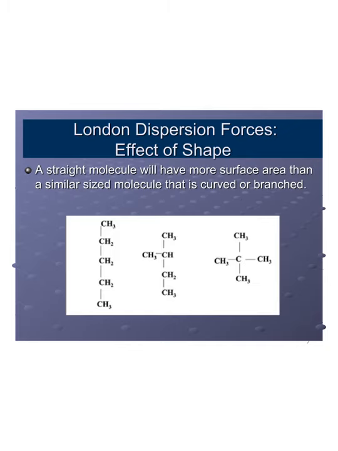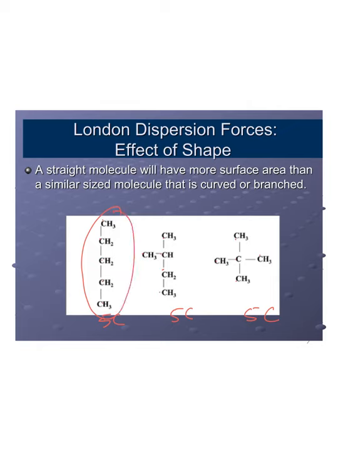All right, so here we have, again, 3 different molecules, each with 5 carbons, and we have the same weight. These would weigh the same. What's different is the shapes.